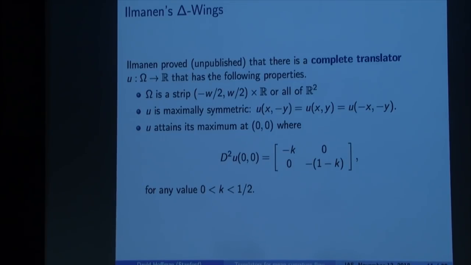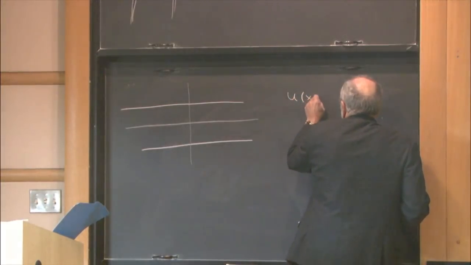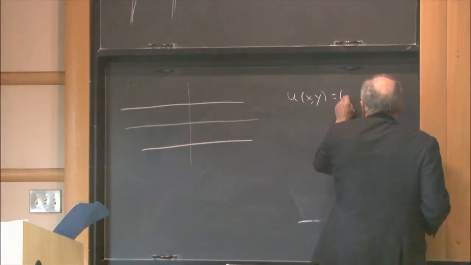So here's a strip. I don't know how wide it is, but there's an axis here and an axis here of symmetry of the strip, and there are functions u of x, y, which are symmetric.